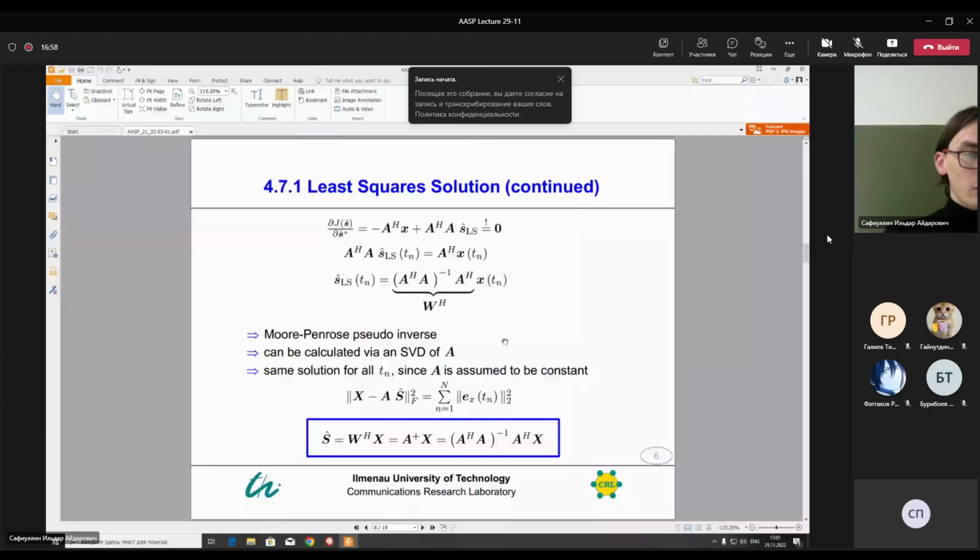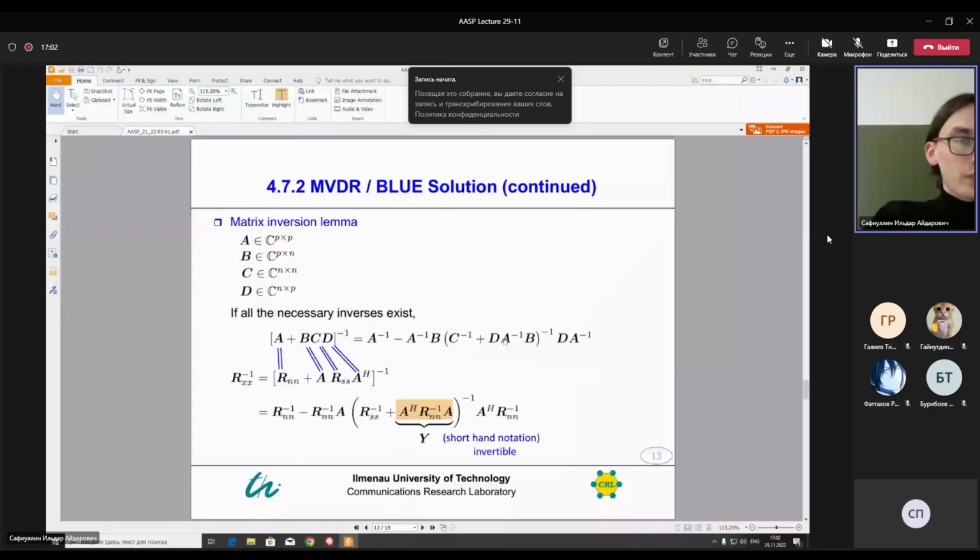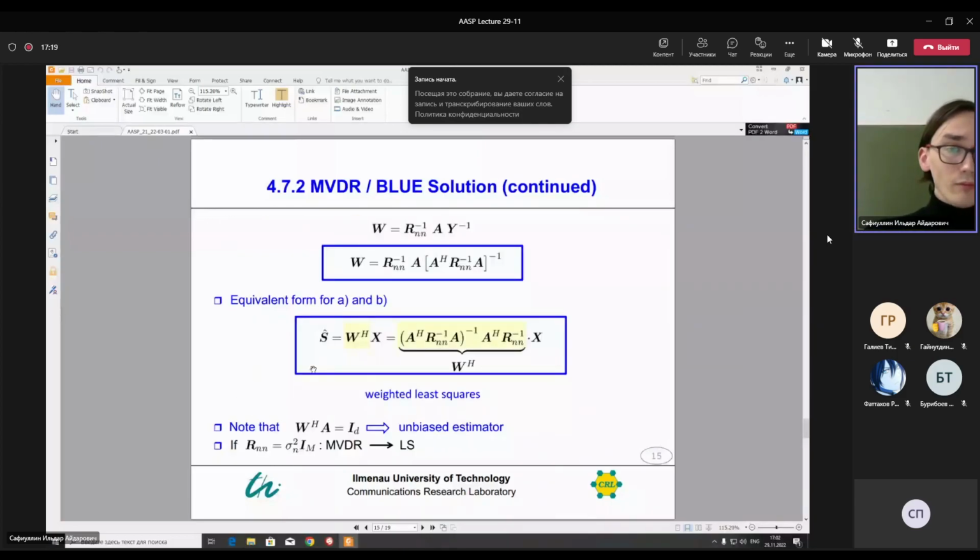We use Lagrange multipliers, and then this matrix inversion lemma, and for the inverse of, as the result, we have W equal to the inverse of the spatial correlation matrix of the noise times A, and all this is multiplied with the inverse of A Hermitian times the inverse of R_N times A. A special case here: if we assume additive white Gaussian noise, our MVDR solution will be equal to the least-squares solution.